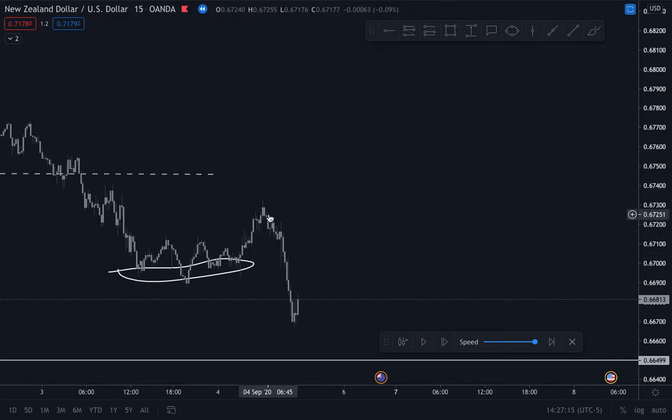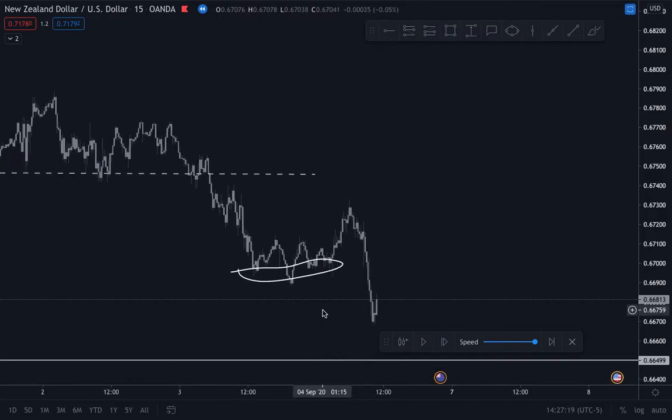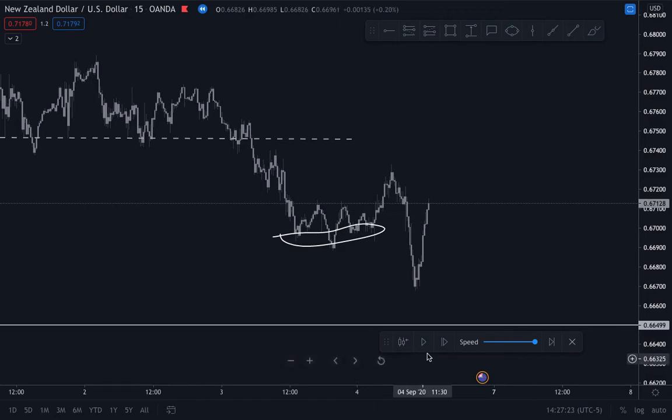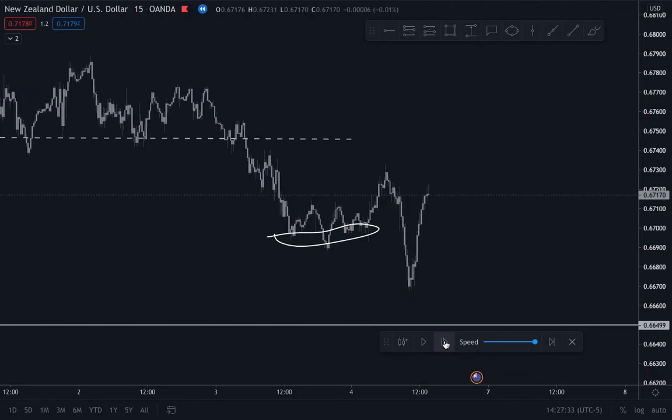Price came back up, but then price came right back down very bullishly, very bearishly, I should say. But it is very encouraging that although it did come down very aggressively, it's coming back up just as aggressively.